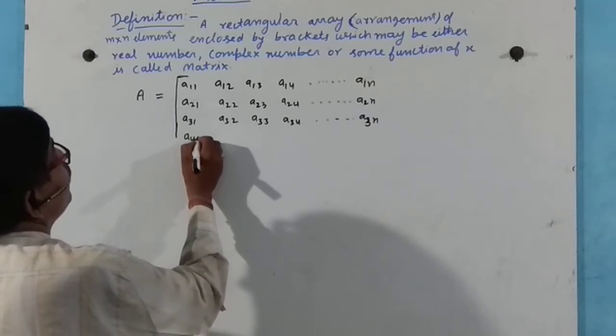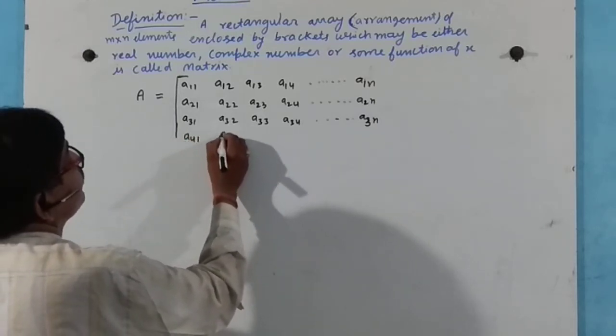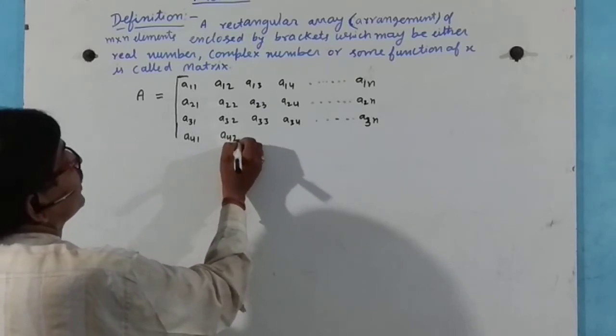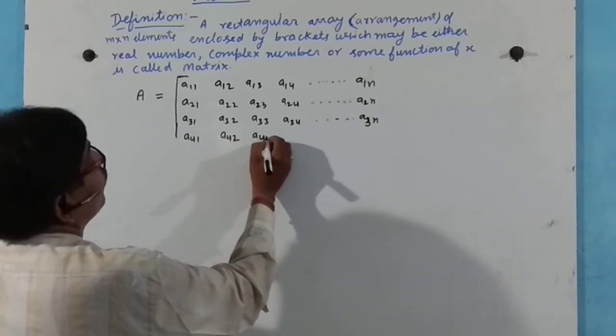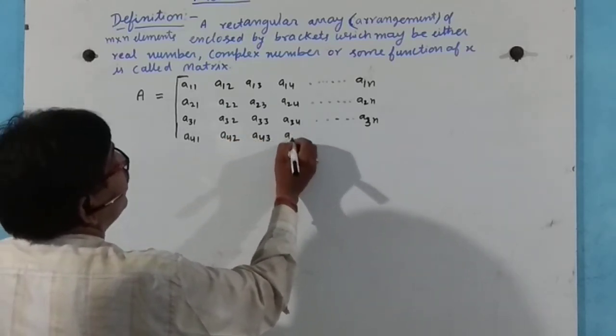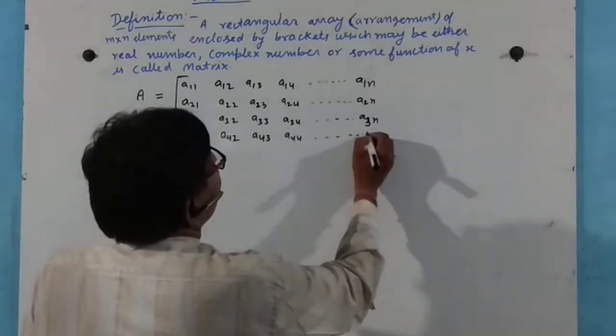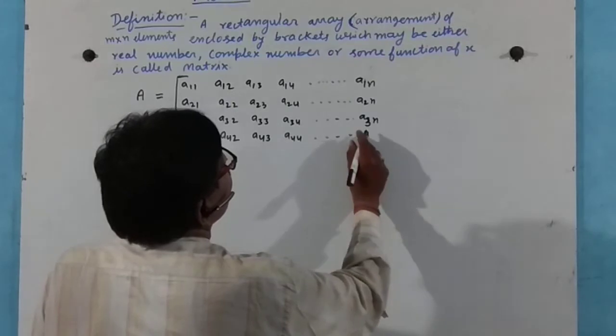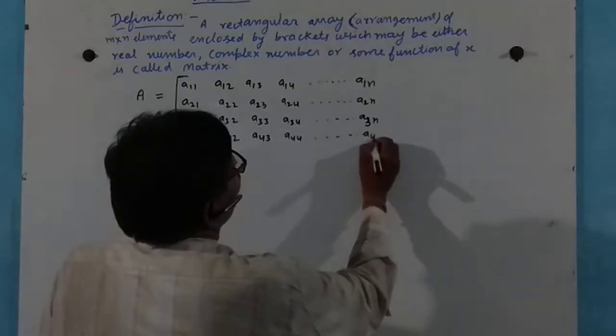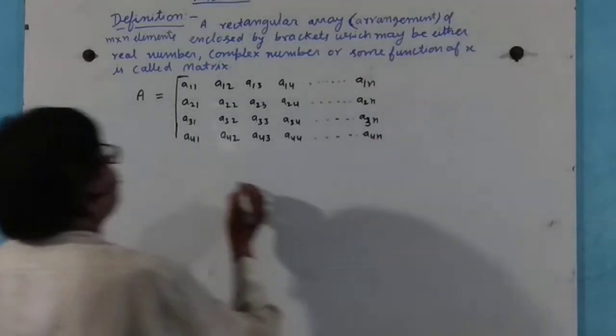Fourth row first column, fourth row second column, fourth row third column, fourth row fourth column, and so on, fourth row n column.